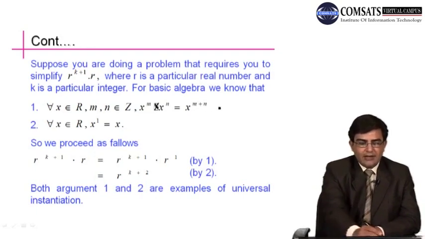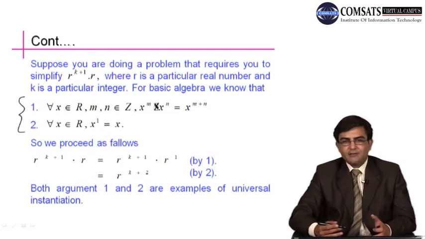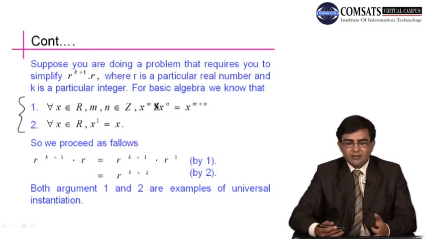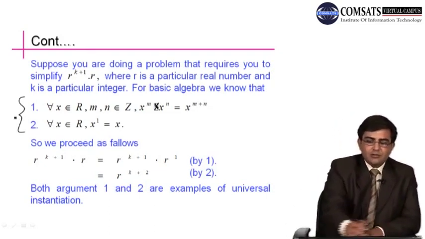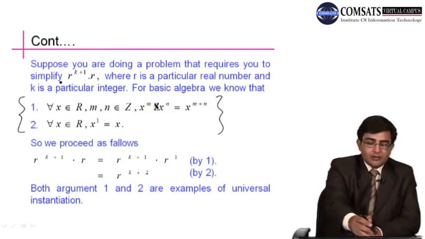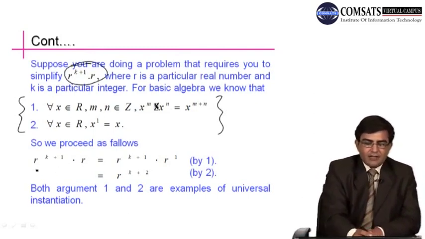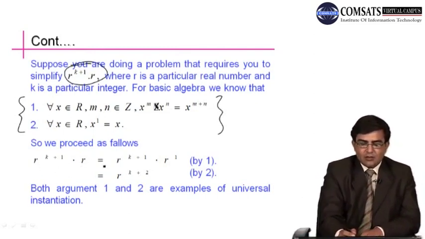So this is a rule. Another rule is for all x belongs to R, x power 1 is x. We can use these two universal statements, which are true for every real number, to simplify this expression, where r power k plus 1 into r is basically what?